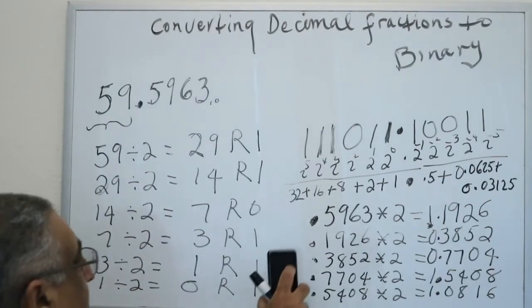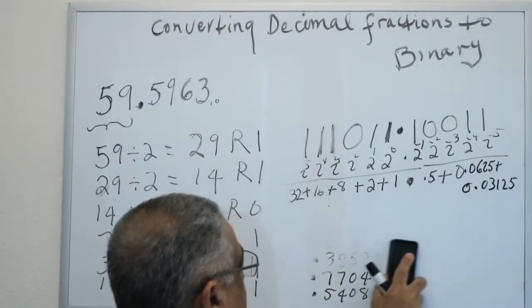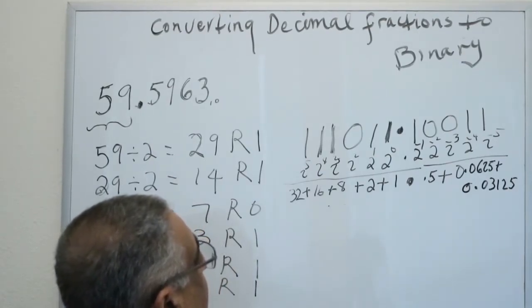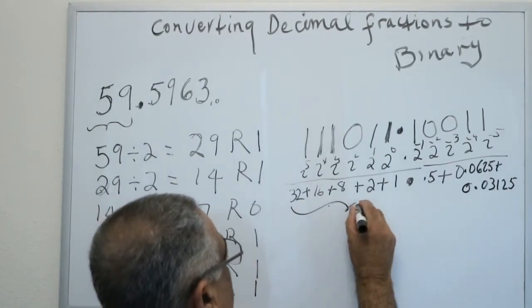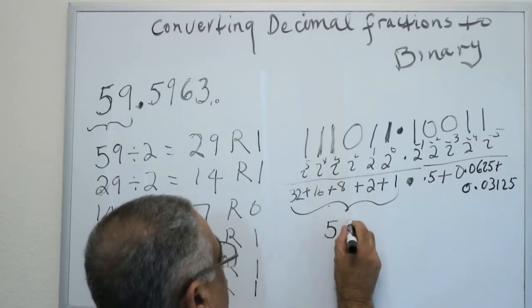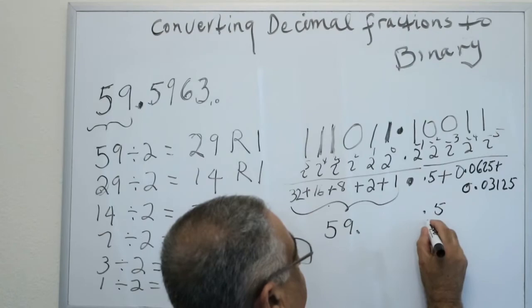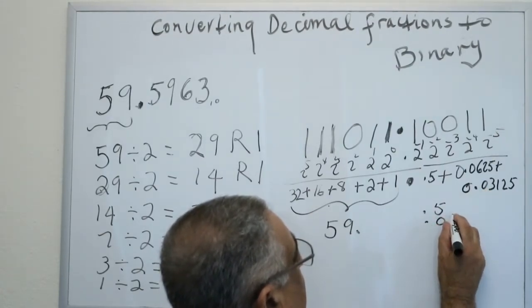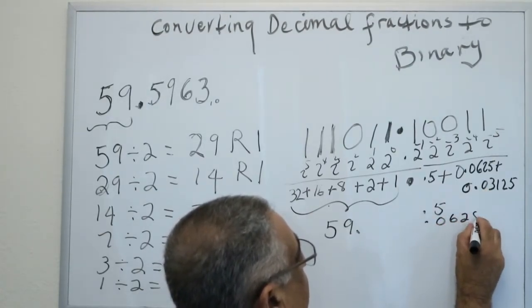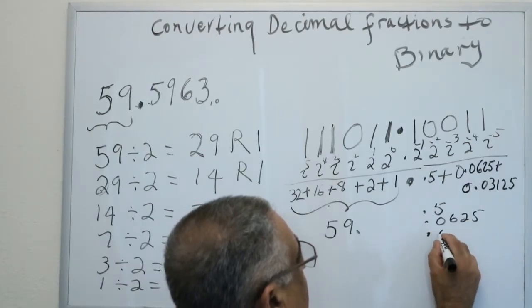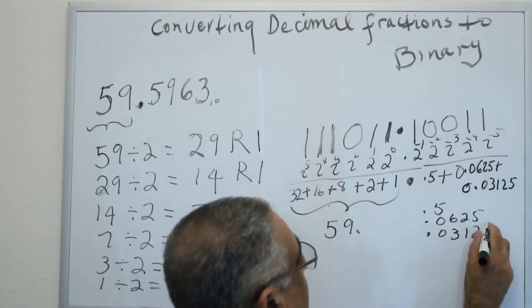So I'm going to erase this, how we solve this problem here. If you look back here, this comes out to be 59. Now this number here is 0.5, add this one, 0.0625, and this one is 0.03125.